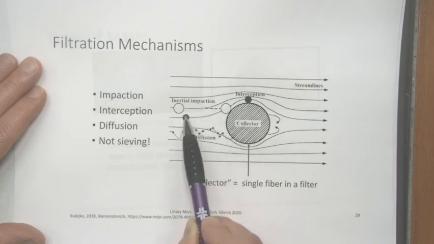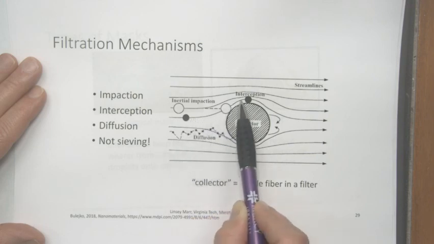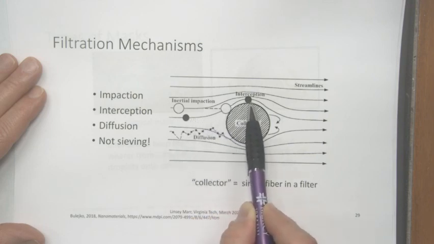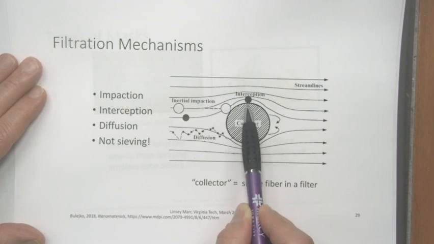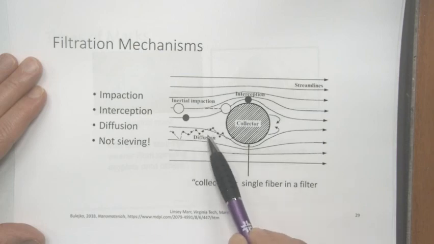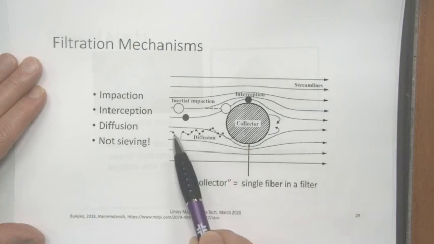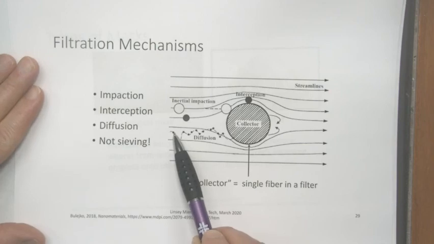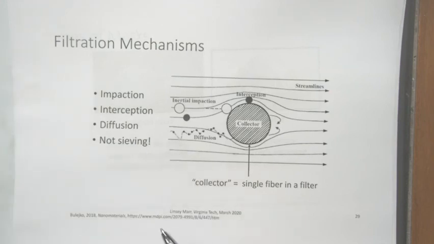Number two, interception, is that the streamline and the particle bend around, but because of the particle's size, it gets caught on the edge of the fiber. And diffusional collection. So very small particles have Brownian motion. Not as much as gases, but they have some, right?